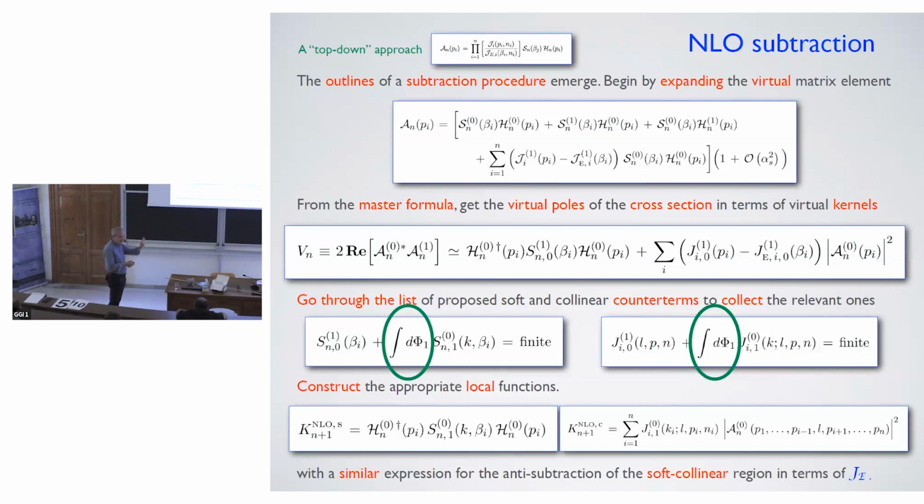I take care of that with a regulator of my choice, and the infrared pole that remains indeed cancels the infrared pole of this thing. There is a 1 over epsilon squared here, so when you go to the 1 over epsilon, it has a log. To cancel that log, you also have to match the renormalization scale that you put here with the cutoff that you put there. So in some sense, you cut off at the same scale, and then the cancellation takes place.